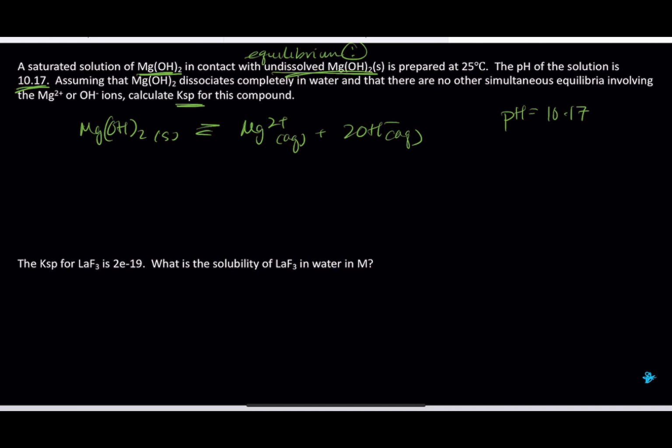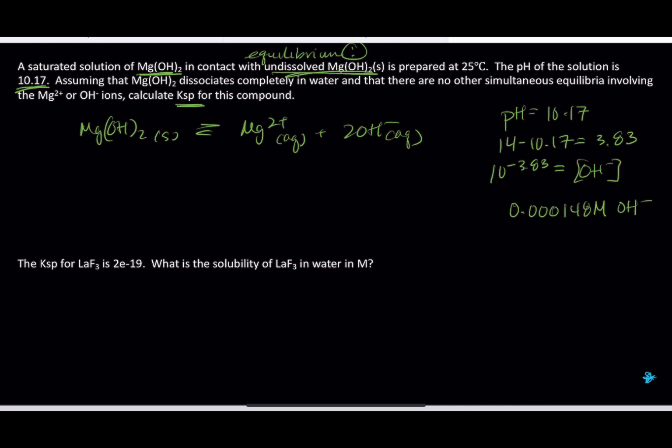So obviously we talked last year, there are multiple routes to get to our hydroxide ion concentration. So why don't we start by doing 14 minus 10.17, which is going to get us our pOH. And what does that give us? 3.83. And 10 to the negative 3.83 is going to give us our hydroxide ion concentration. So let's go ahead and do that.